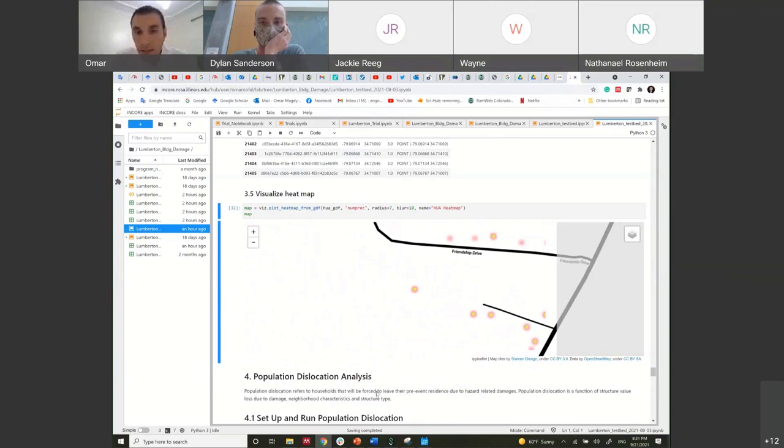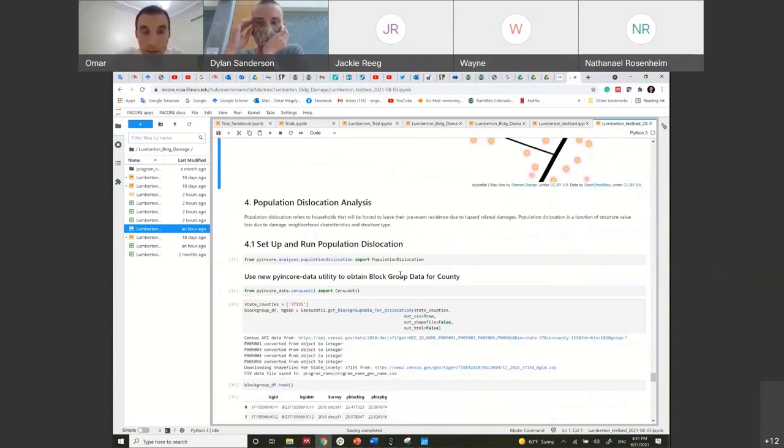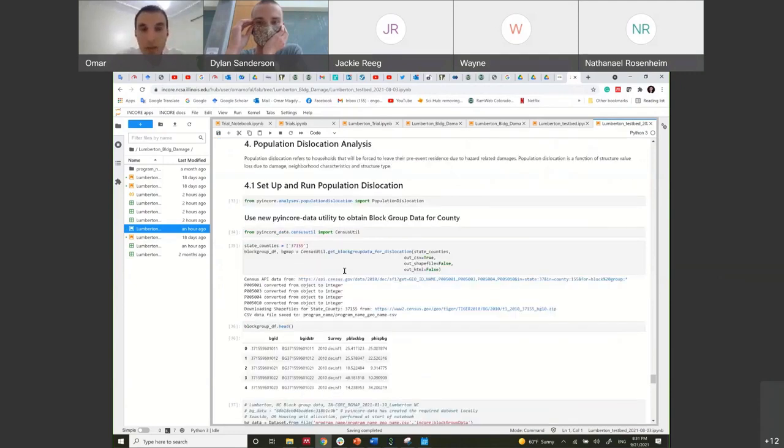And the next is the population dislocation analysis, which reads the information including the block group and the loss ratio corresponding to each damage state, and the other information from the population allocation and the damage analysis.